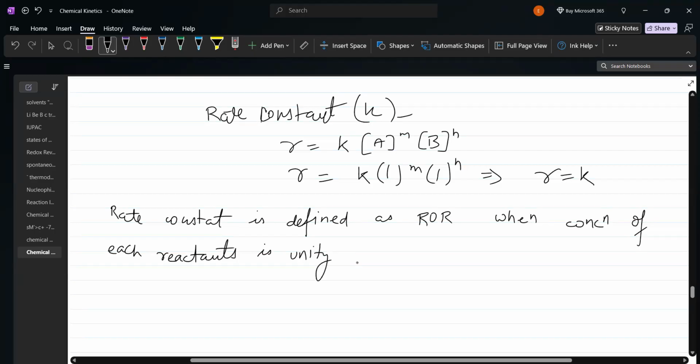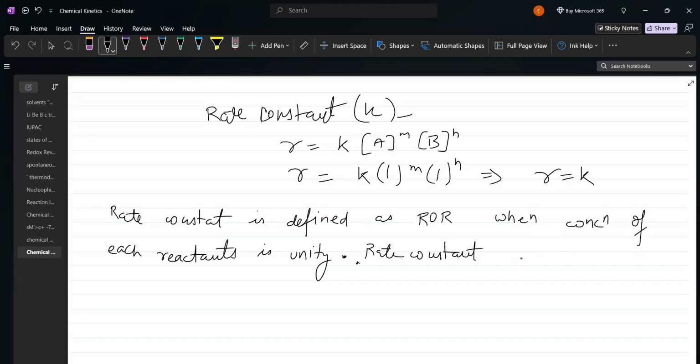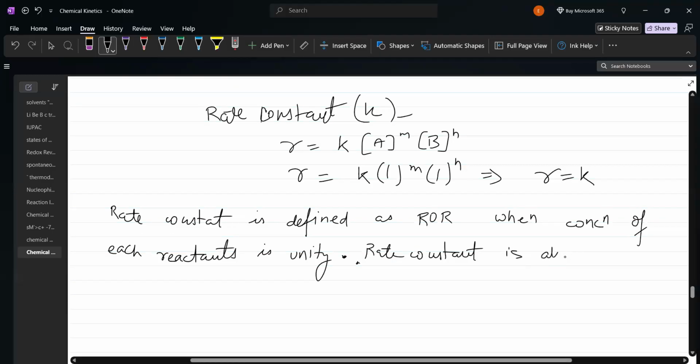Understood? Yes, sir. Rate constant can come as a definition in the subjective section, so you have to write the definition also. Rate constant is also known as specific reaction rate.